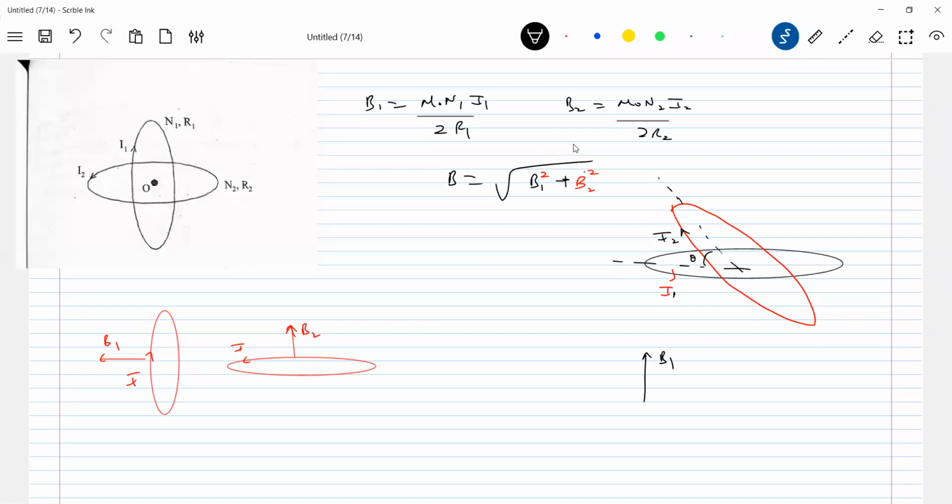Now, what about due to I2? It will be like this, no? B2, no? Okay, I'll use the same symbols, it'll be easy for you. This is B2. This is B1.